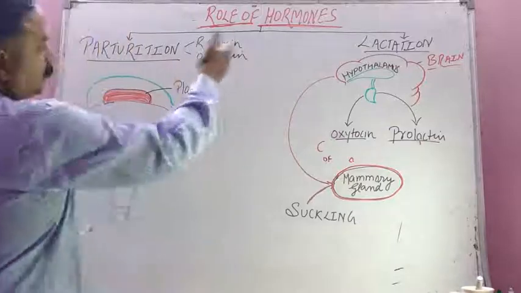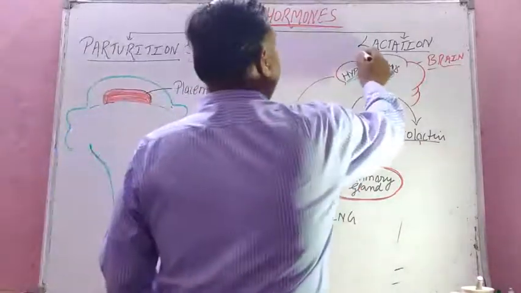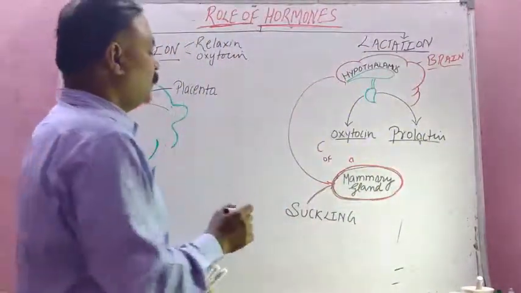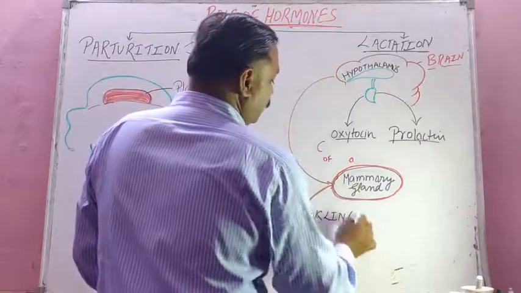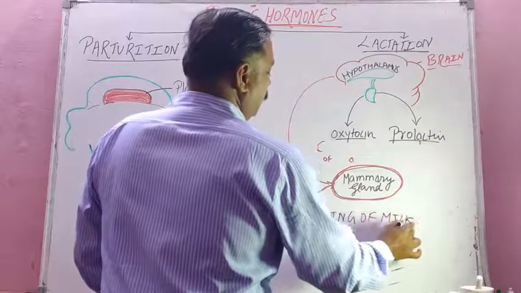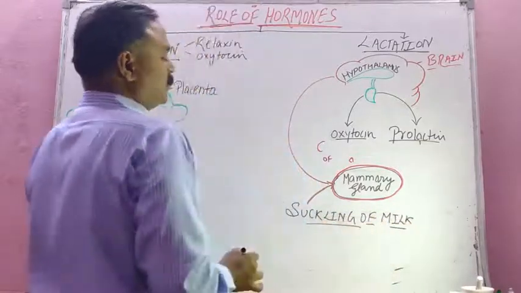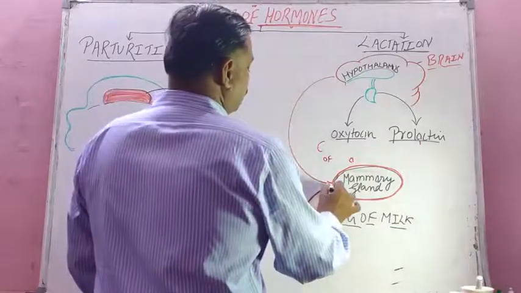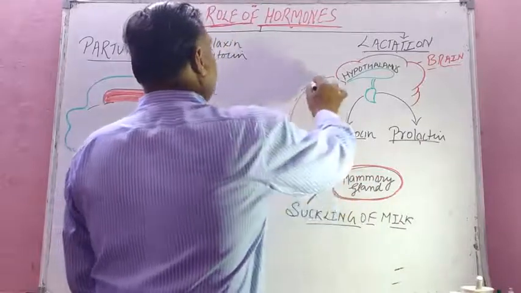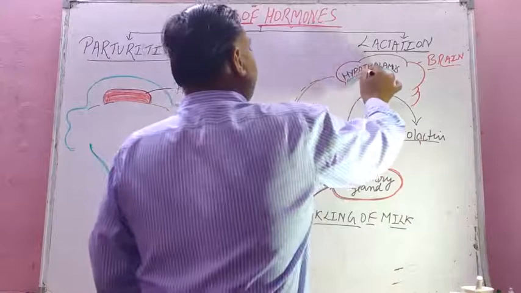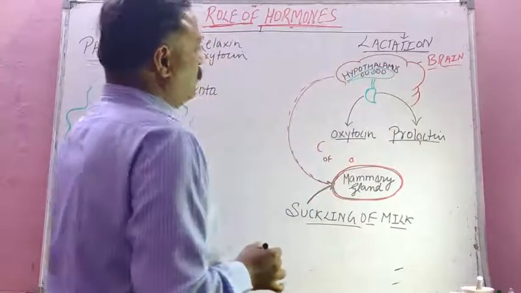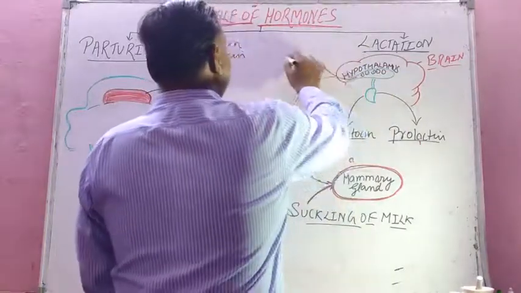So let us see what happens during lactation. As I told you, lactation means synthesis and ejection of milk. What happens during the first stage is the suckling of milk by infants. When the infant starts suckling from the mammary gland, this message goes to the hypothalamus and is received by the nipple receptor cells.